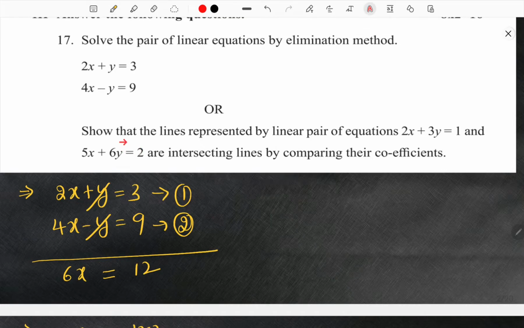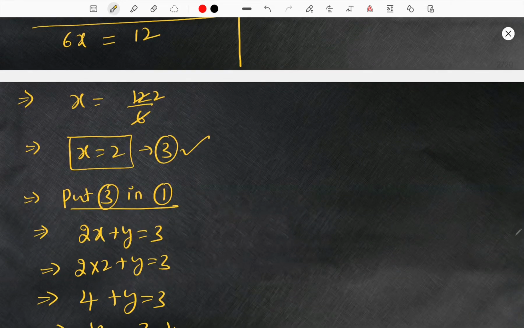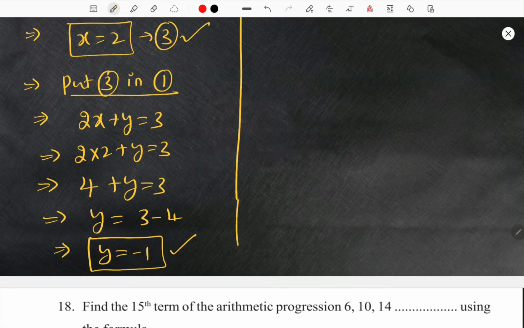Now there is one more optional question. Show that the lines represented by the linear pair of equations 2x plus 3y equal to 1 and 5x plus 6y equal to 2 are intersecting lines by comparing their coefficients. I don't have space here, so let me put a line here so that I am able to solve that question.